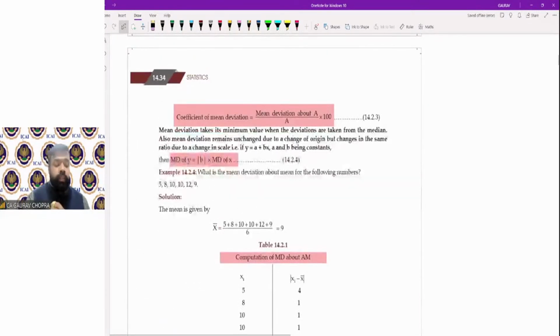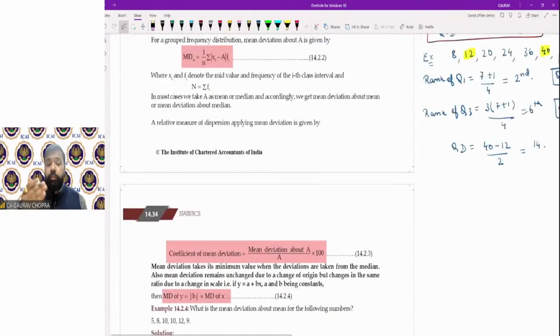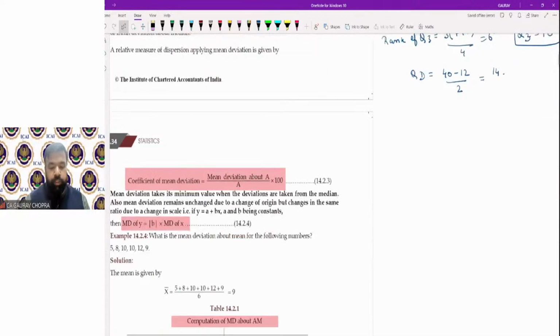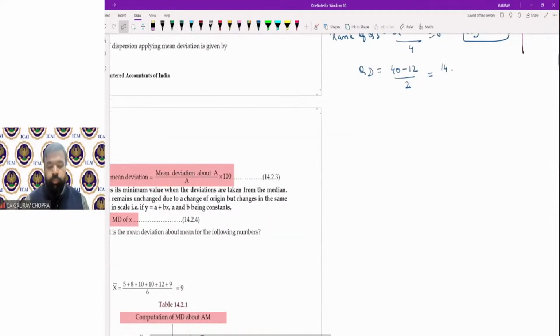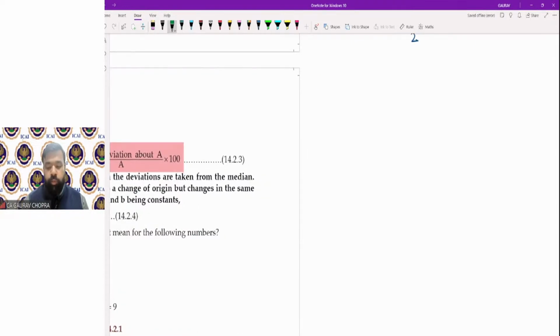So in case of mean deviation, it is taken from either mean, median, or mode.